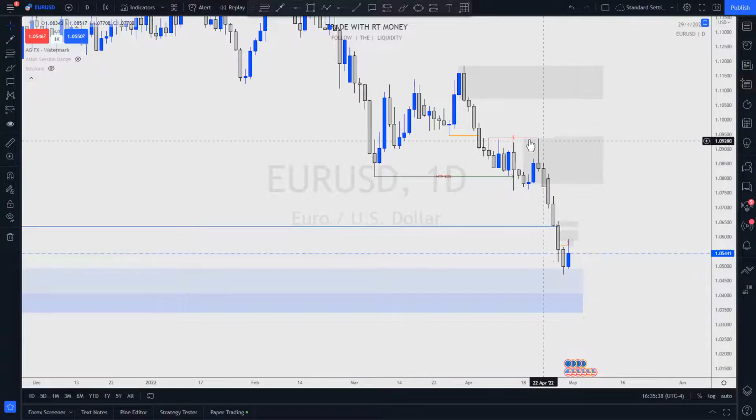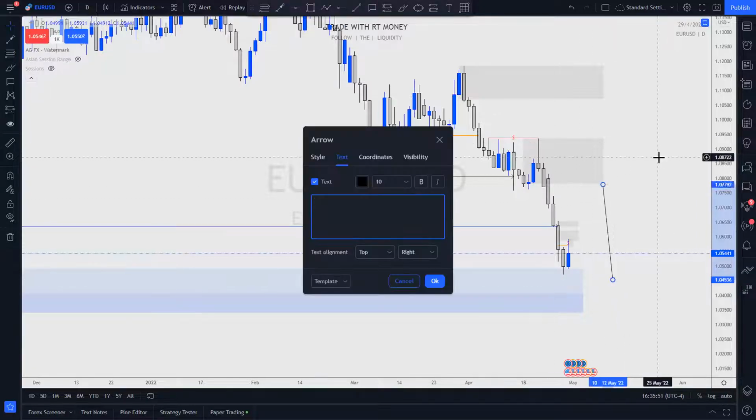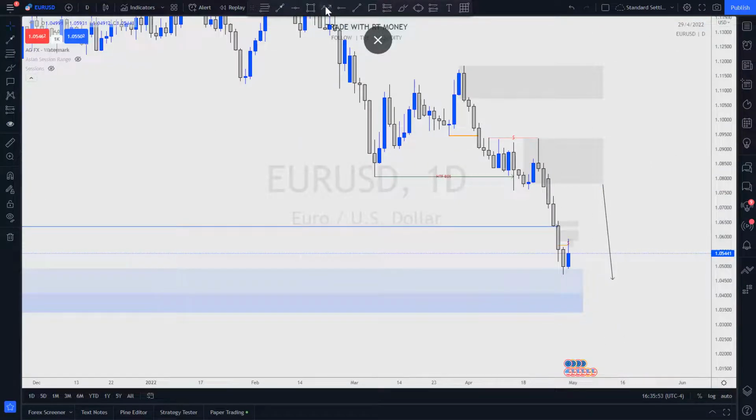time frame, and I've marked the POIs that price could come back to. This one a little more far off, but if price decides to come back to this zone, I'm taking it to the house. I'm looking for the same setup that I always look for: a high, a pullback, a higher high that breaks the previous high, and then an impulse, a bearish impulse that breaks that pullback low.